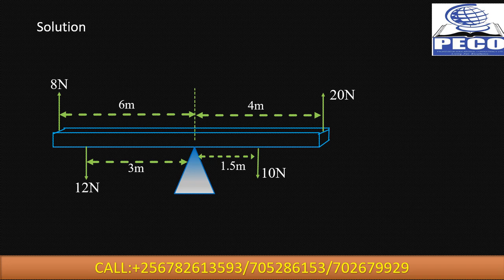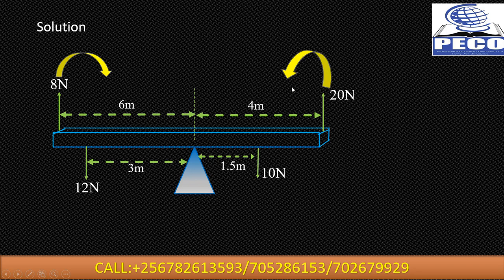So now these forces, we must first identify their directions. They will turn this beam so that we know the clockwise moment and the anti-clockwise moment. Okay, and a force of 8 newtons will make it turn in this direction, giving us a clockwise direction. Then this 20 newtons will make it turn in this direction.